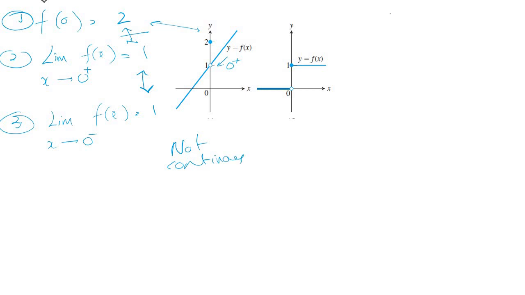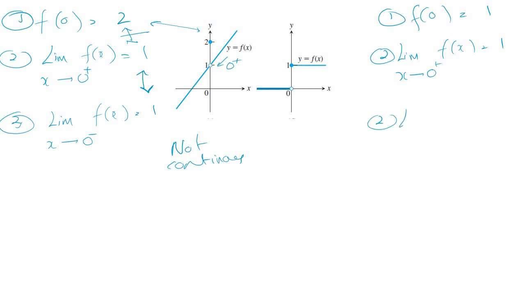Let's look at this. First condition, f(0): we want to see whether it's continuous at 0, so we take f(0) is equal to 1. Then the second condition, the limit as x tends to 0 from the positive side of f(x) is equal to 1.